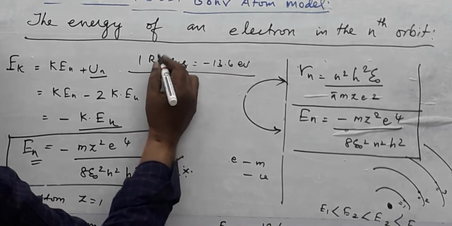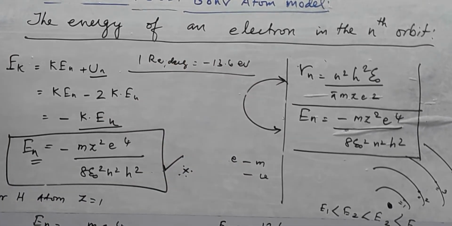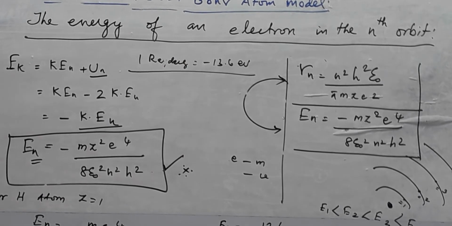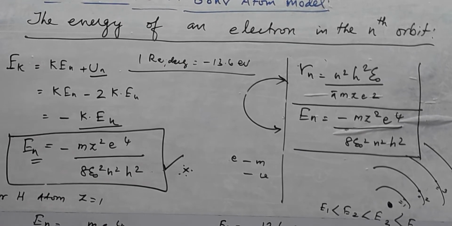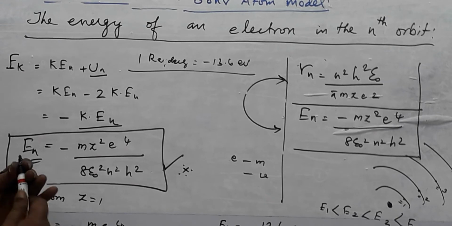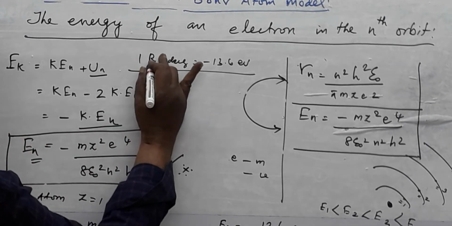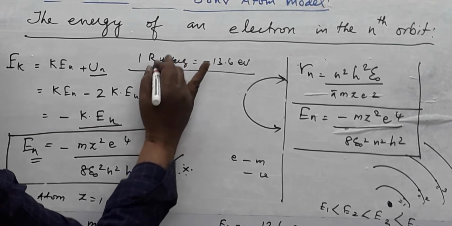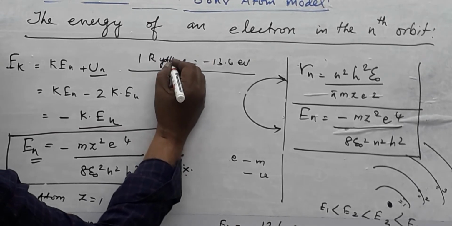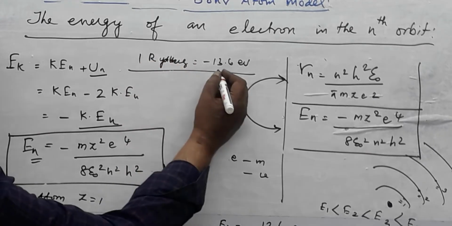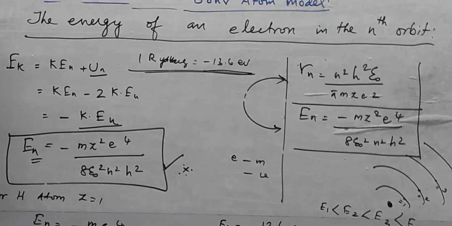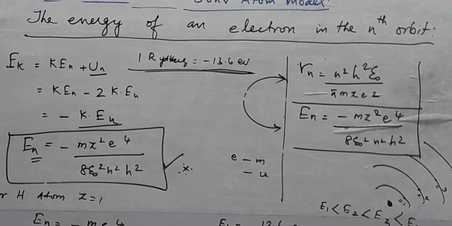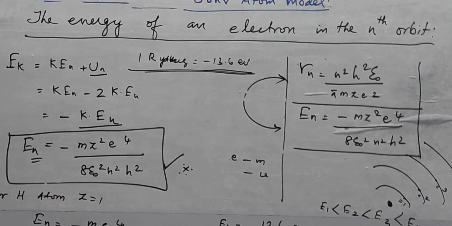This is Rydberg. That is, minus 1 Rydberg is equal to minus 13.6 electron volt.